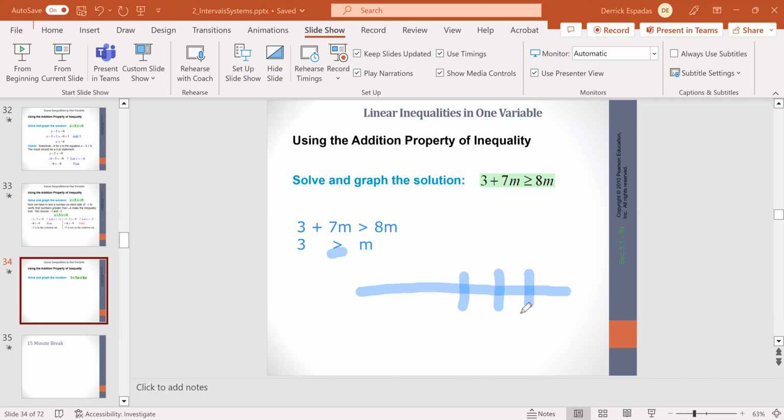That's 3. And so since this includes, we will go ahead and do a solid circle. And remember, m is less than, because 3 is greater than. So m is going to be all the numbers to the left. We usually do an arrow of some type.